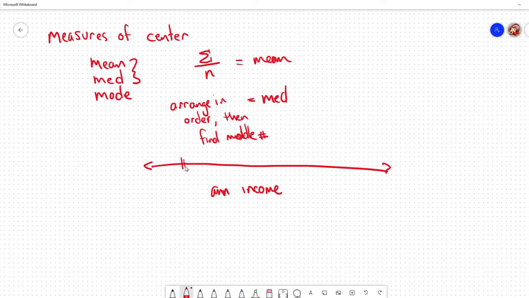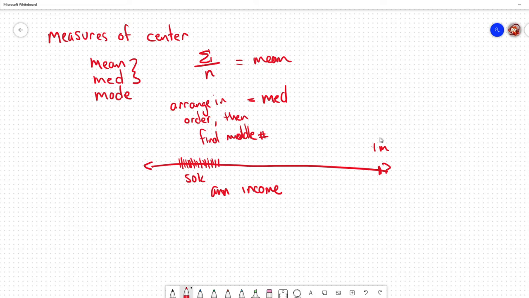If I do a questionnaire of what's the annual income, and let's say on this end of the scale we have anywhere around 50K. And then some new guy comes to the neighborhood, he's retired, he's over here on this end of the spectrum, 1 million.